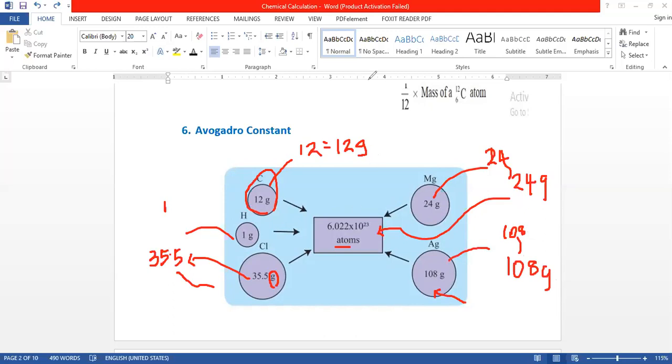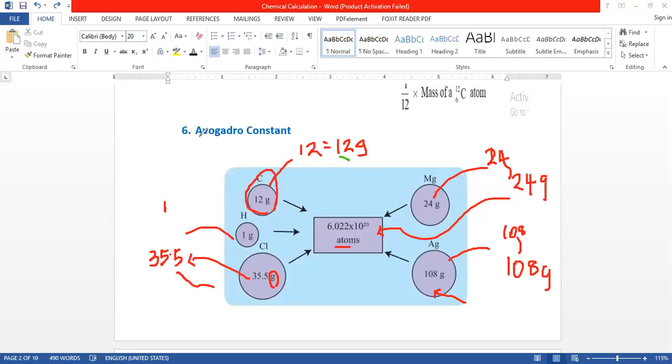Interesting one. What's that actually? 12 gram. Wow, 6.022. 1 gram, that's also 6.022. 35.5 gram, that's also 6.022. 24, that's also. 108, that's also. Interesting one. What is that?